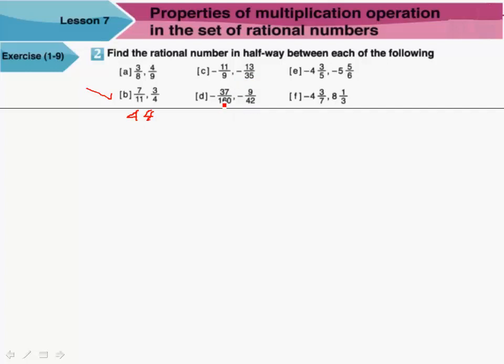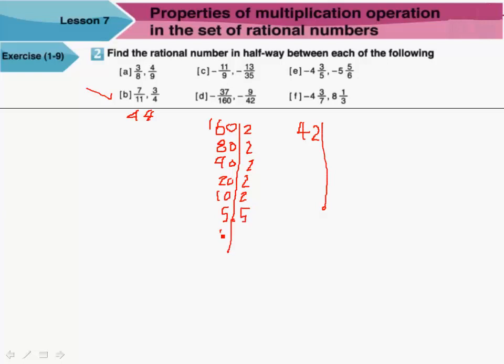This is a big number, so you can make a prime factorization of 160 and 42. 160 divided by 2 is 80, divided by 2 is 40, divided by 2 is 20, divided by 2 is 10, divided by 2 is 5, divided by 5 is 1.